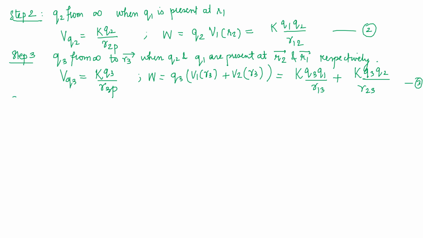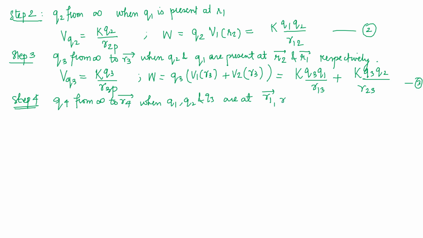We will go to step number 4, where we bring charge q4 from infinity to position vector r4 when q1, q2 and q3 are at r1, r2 and r3 respectively.